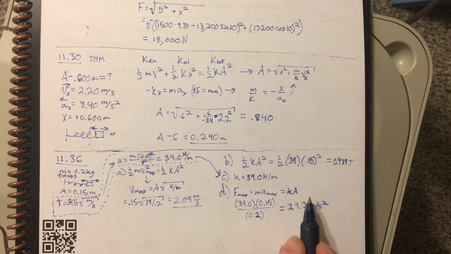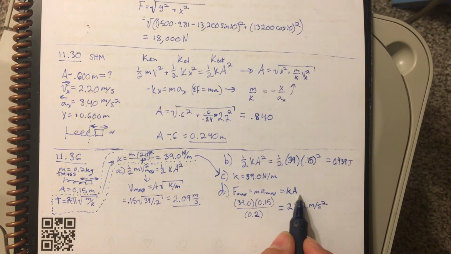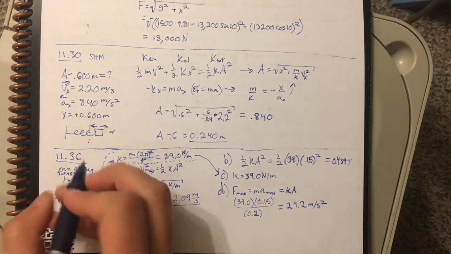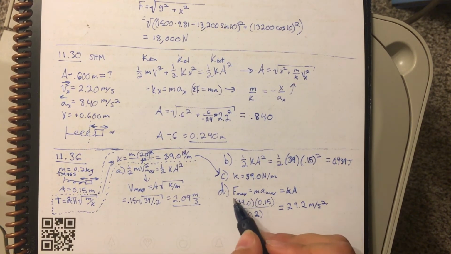So whenever the distance is at the maximum, where A is the maximum displacement that the block can have from the equilibrium point, then you know that the force is also at max.